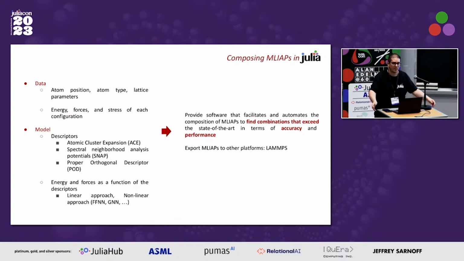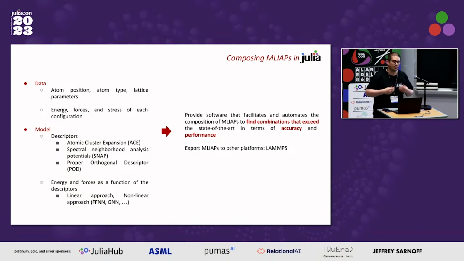In the atomic cluster expansion, for example, a linear combination of these descriptors is used to compute the energy of a system, but we can also use other approaches, nonlinear approaches. We can use a feed-forward neural network, a graph neural network, etc. From all this complexity emerges a plethora of combinations between data, between descriptors, how we link those descriptors, the hyperparameters of the models, etc. And we are interested in finding these combinations that exceed the state of the art in terms of accuracy and performance.